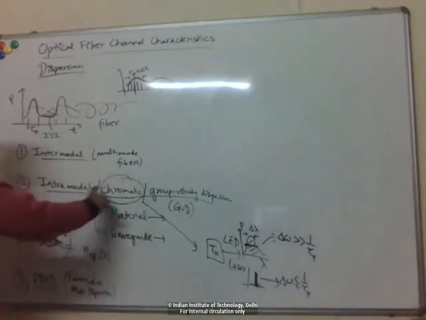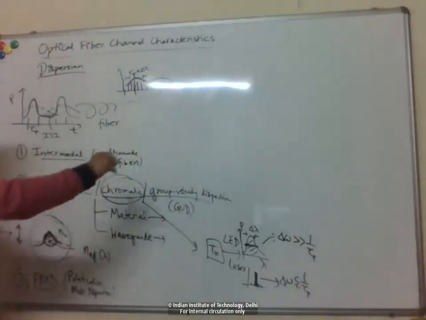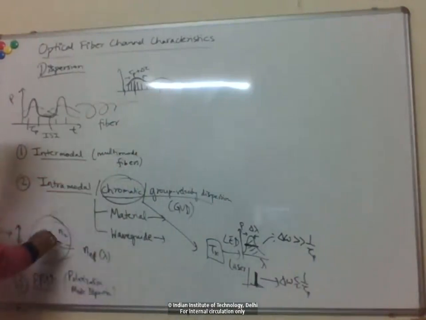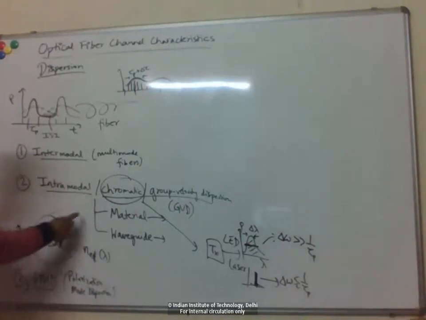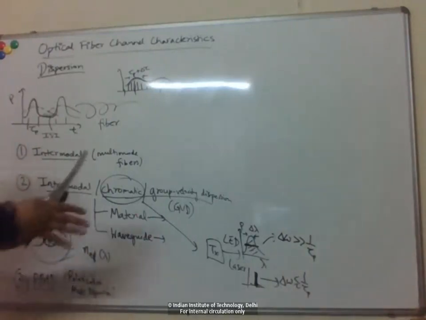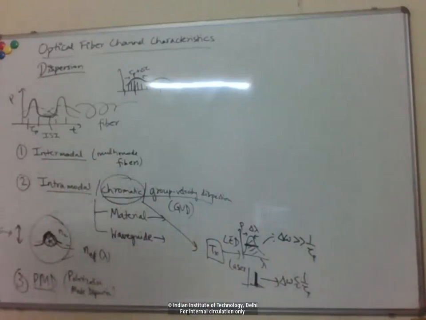But what happens is that for a long fiber, along the length, this doesn't remain a perfect circle just due to manufacturing imperfections. So at some points it's elongated. It looks like an ellipse in the horizontal direction. And at some other place, it looks like an ellipse in the vertical direction. In some other place, it's elongated in some other direction. So you have these variations in the core, right?